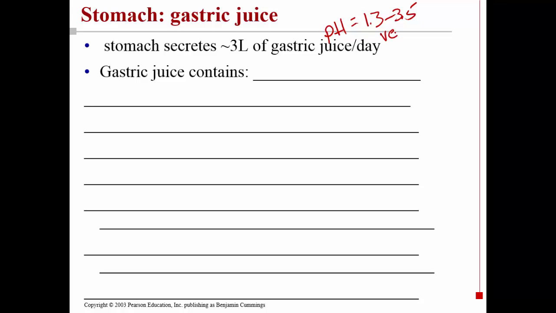This is so acidic that it would dissolve a bucket of nails in a week. So this gastric juice, again, contains lots of different chemicals. But the major one that you're going to find is hydrochloric acid, or HCl. And HCl is produced by parietal cells in the stomach.